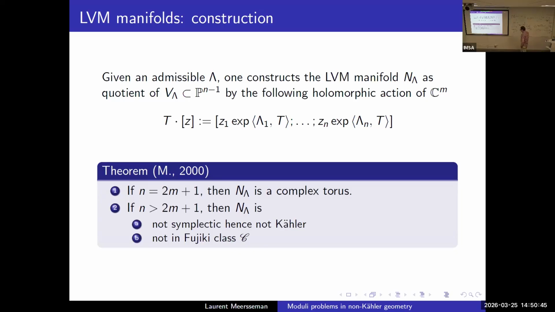In the other cases, you have compact complex manifolds that are non-symplectic, non-Kähler, and not in the Fujiki class, so not bimeromorphic to a Kähler manifold. So they are really far from being Kähler. Just to mention that to prove this last point, what you do is compute the Hodge numbers, h^{1,0} and h^{0,1}, and you prove they are different.